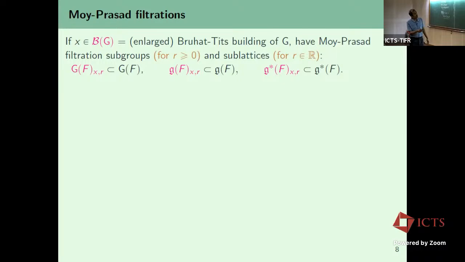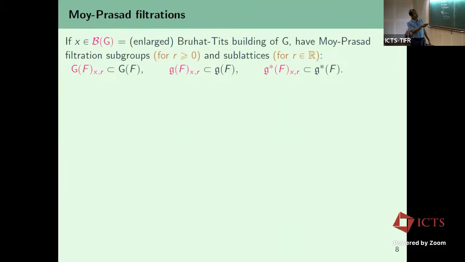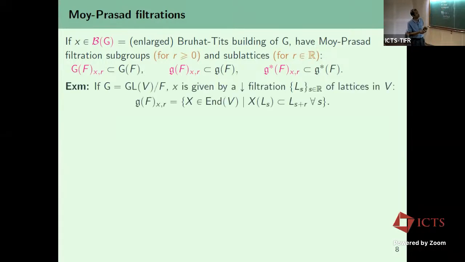And similarly, there is a filtration of the Lie algebra and the dual Lie algebra, except that these filtrations are indexed by all real numbers. We actually saw this in Jessica's talk this morning. She described how this works out for some points in the building of SL_2, maybe the center of a chamber or something. Here is another example.